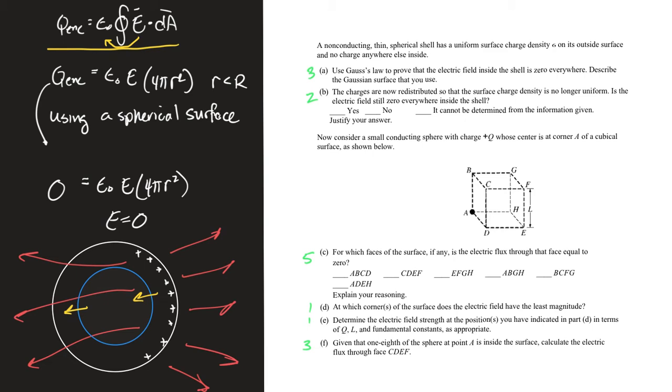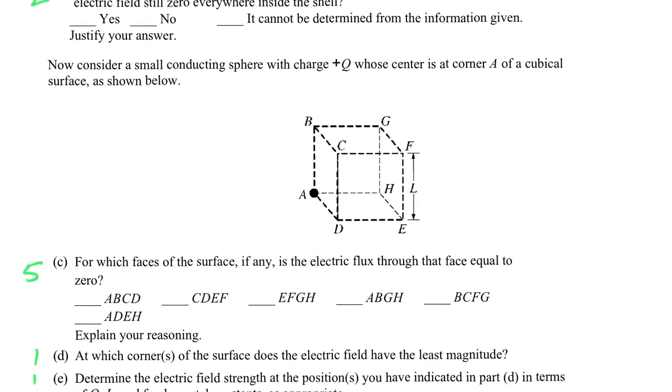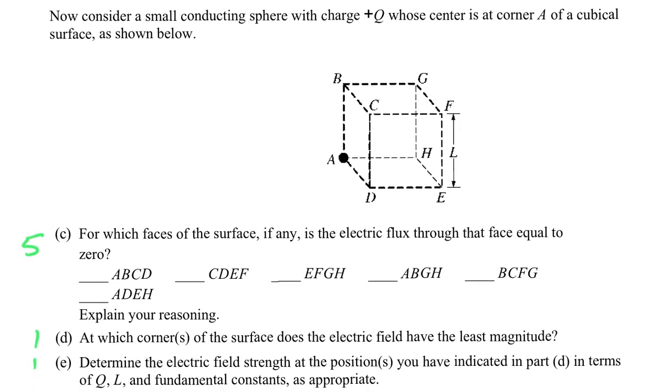All right, so I've always believed that it is this moment where the problem kind of changes and suddenly becomes a bigger challenge. And so it says, now consider a small conducting sphere with charge positive Q. So our conducting sphere is this thing right there.